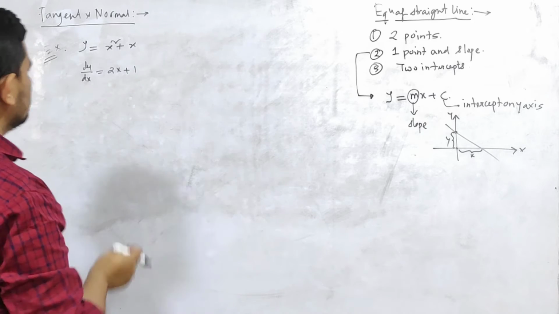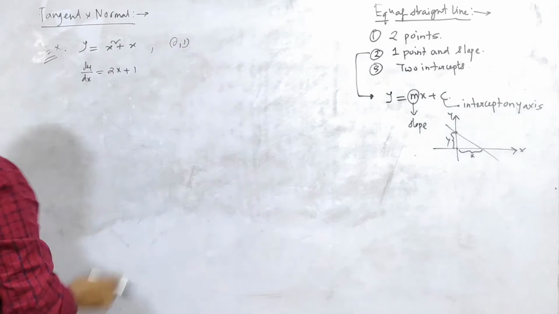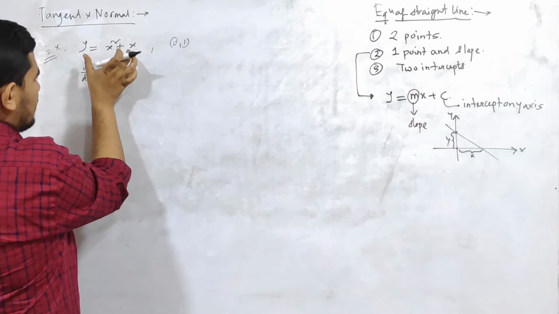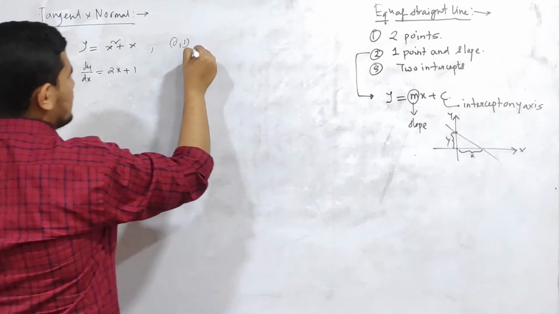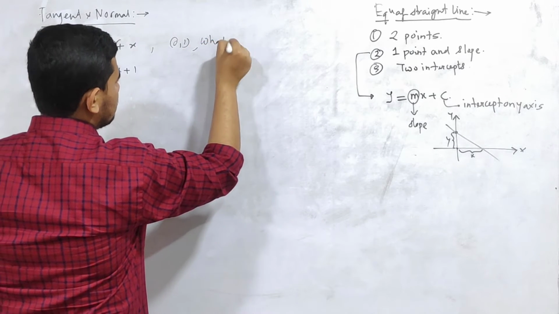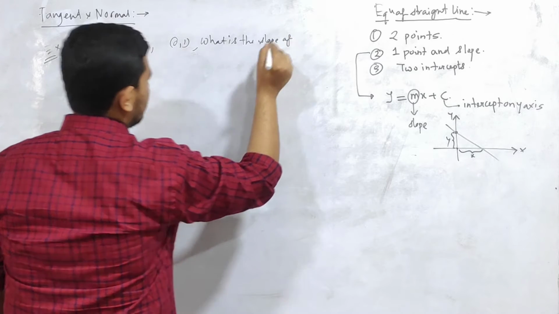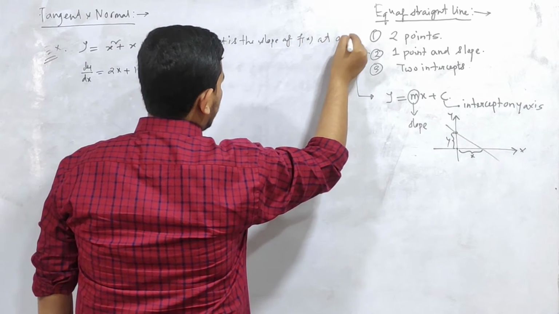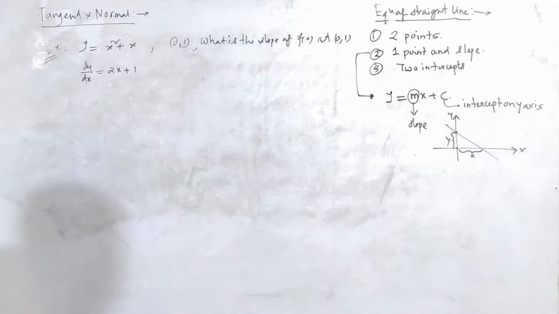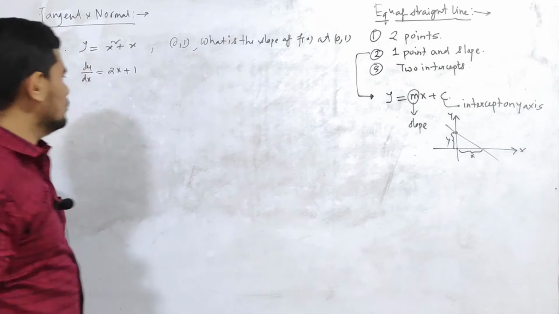Let's suppose I am given this curve and the point 0, 1, and they are asking what is the slope of f(x) at 0, 1. So they are asking me to determine the slope of f(x) at 0, 1.